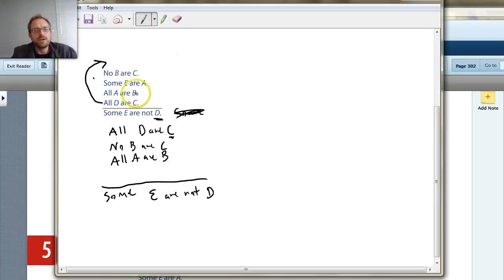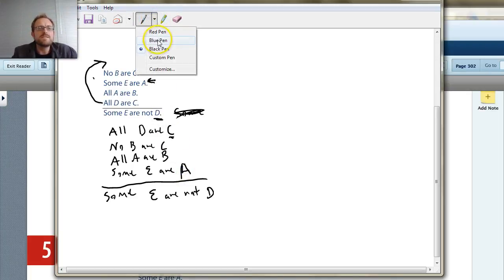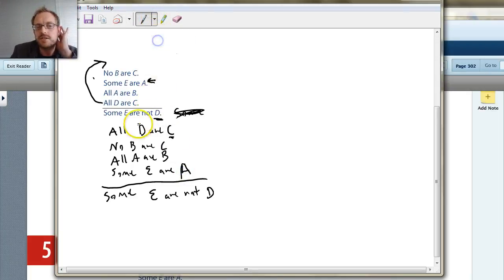right? And if all the A's are B's, then the next one is where do we move the next one? If all of the A's are B's, then we have to find the one that has the A in it, which is this one, some E are A. Okay, so what I want you to see here is that the way I figured out how to do this is I basically, once I figured out what this term was, then I just put that up top.